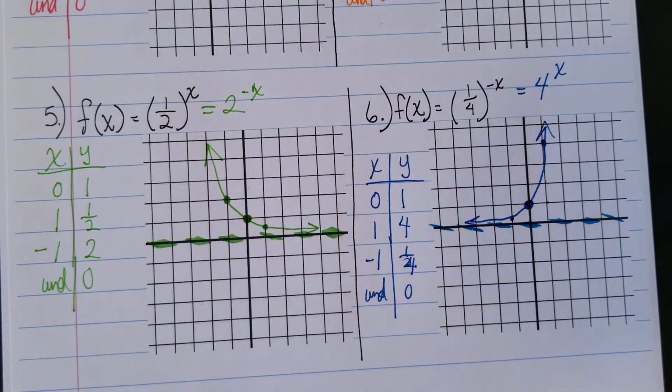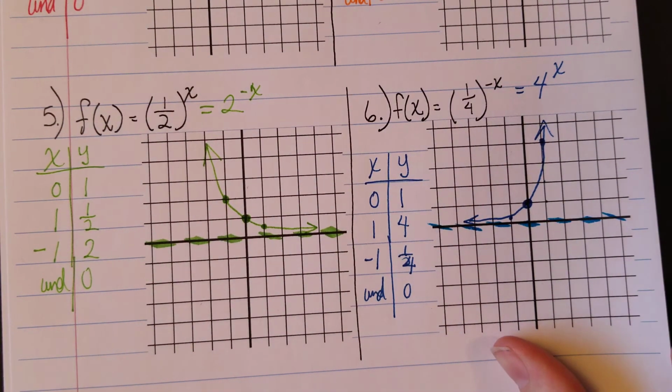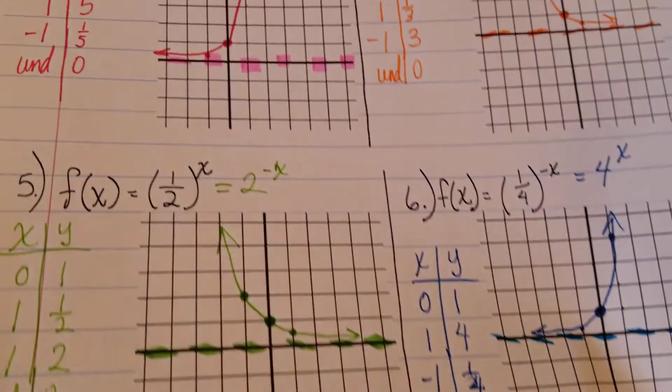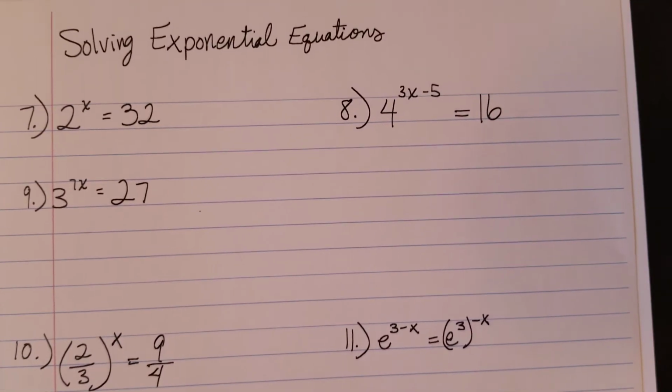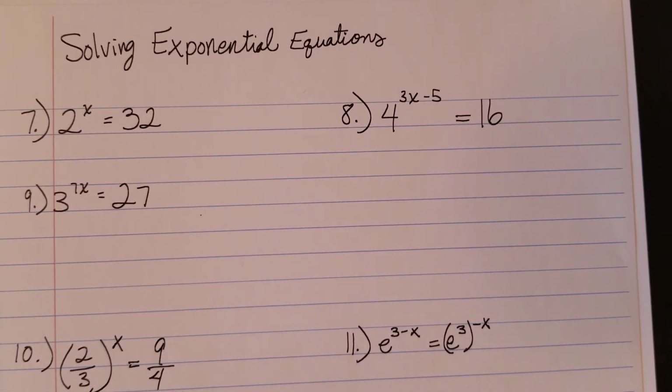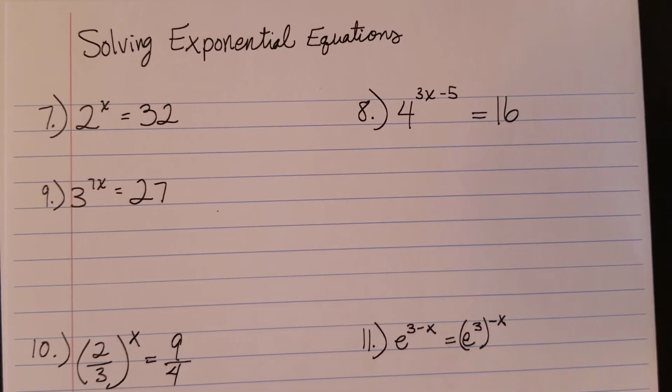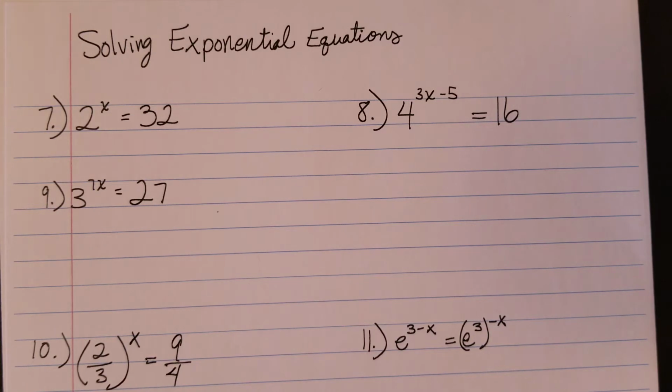And next we have solving exponential equations. Number 7 says 2 to the power of x is equal to 32.